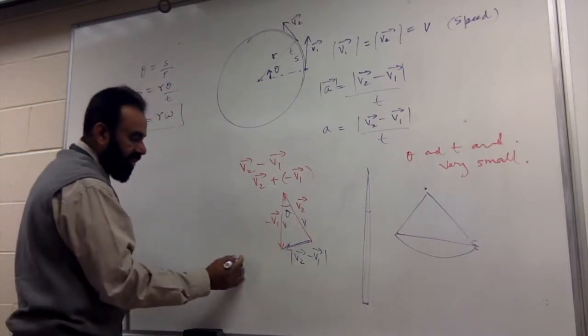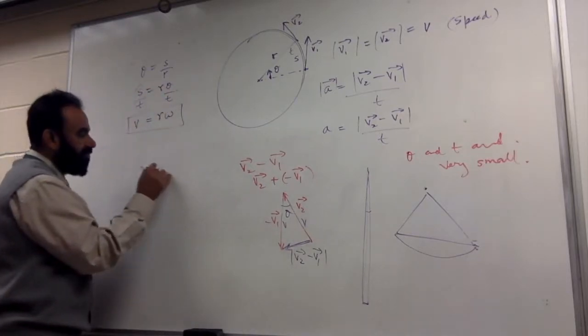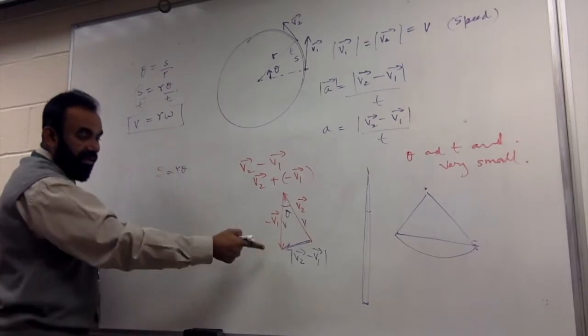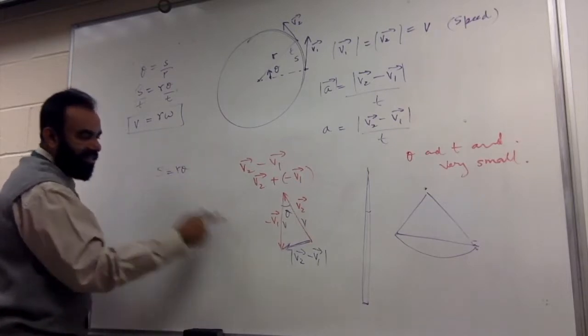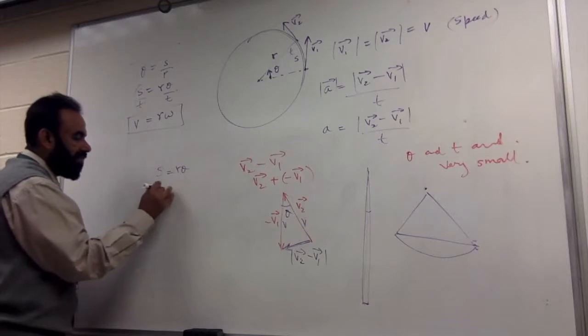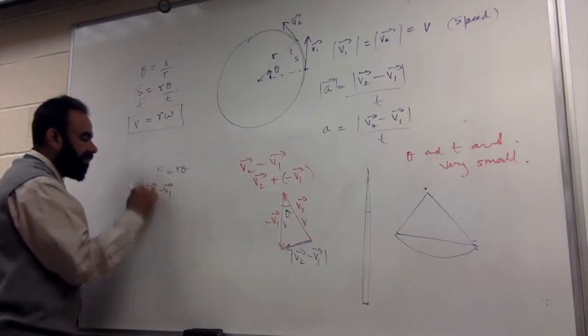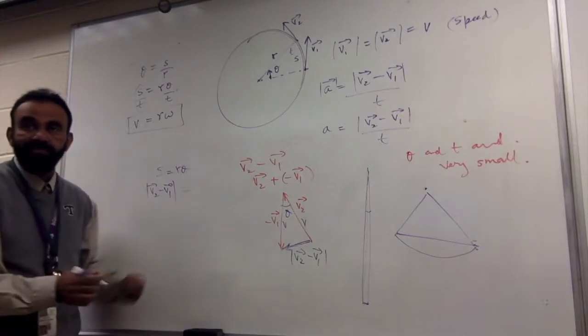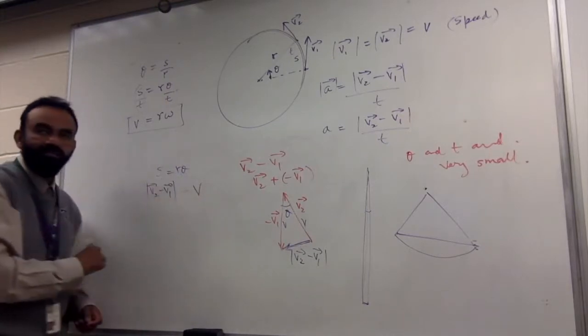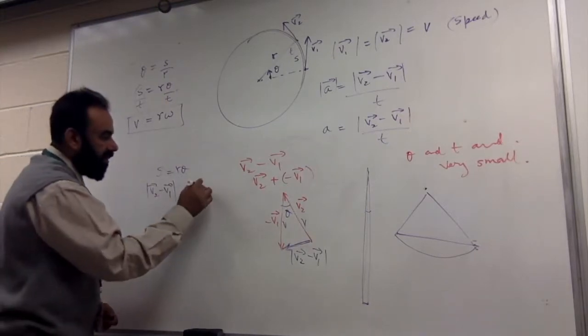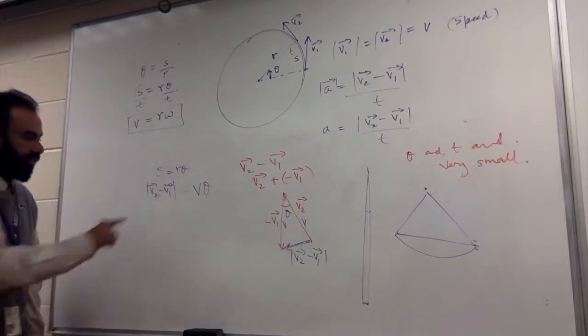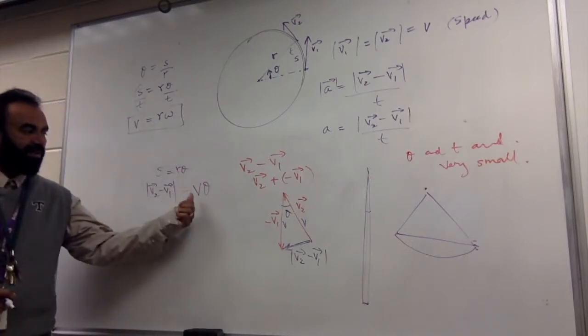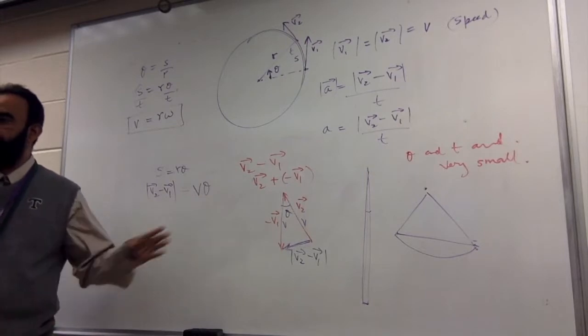I'm going to use the idea of S equals R theta over here, but S is this, the magnitude of v2 minus v1, which is equal to, what is R in our diagram? V. And what is the other one? Theta. So this part is simply the product of linear speed and angular displacement.